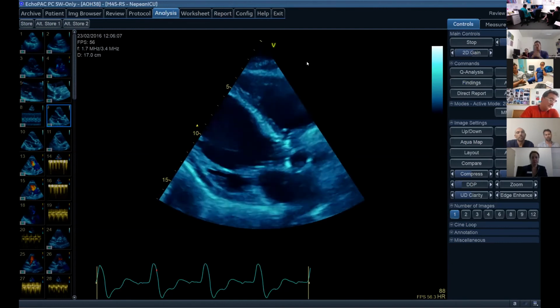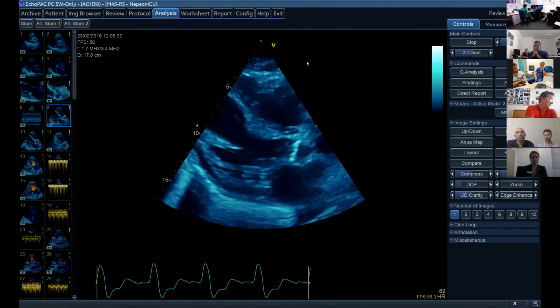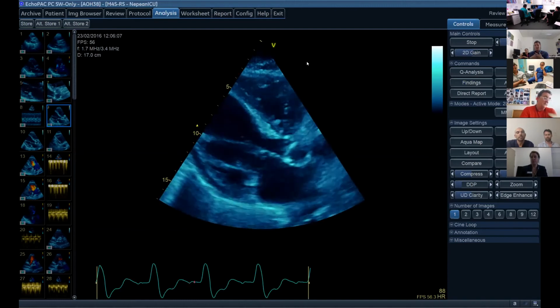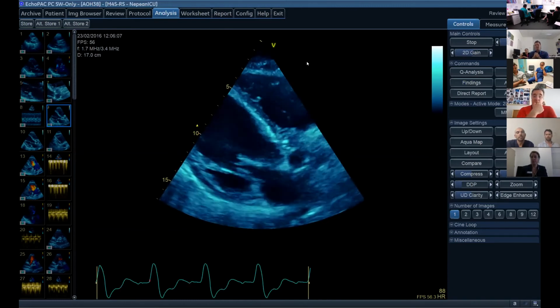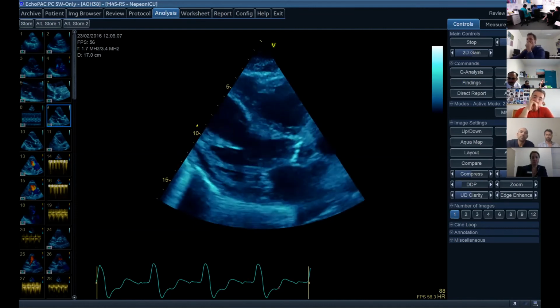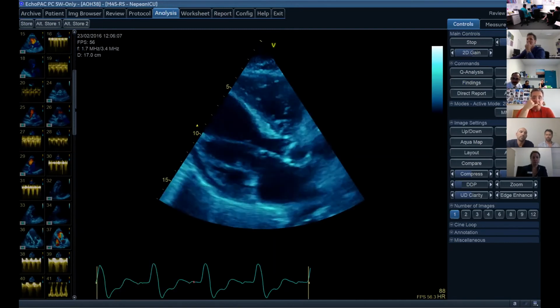If you're putting this guy on any kind of inotrope, it'd be almost like doing a dobutamine stress test, seeing if we've got any myocardial viability and any reversibility to the aortic valve stenosis.